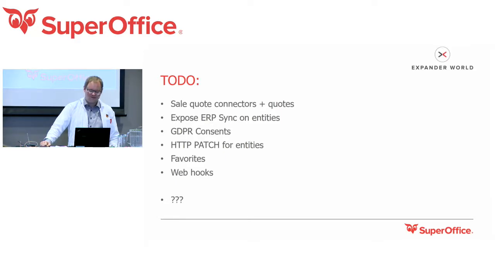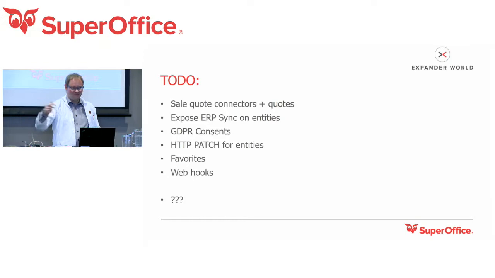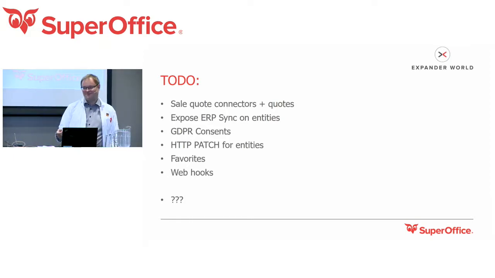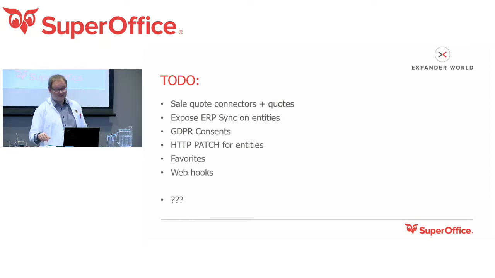The consent stuff, we need to do some work on. HTTP PATCH would be a good thing to have in there, so you can do partial updates. That's not in yet. Having favorites, for example, would be a nice thing to have. Webhooks, having the server call out when things happen, that would be very useful, I think.